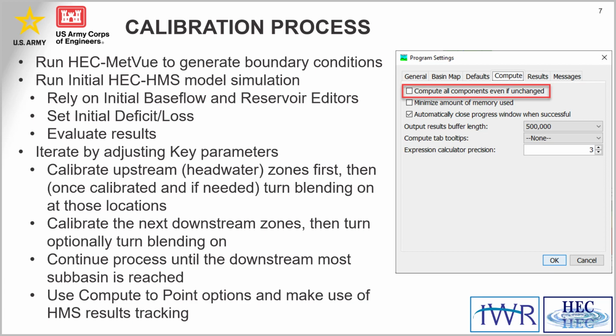And through this whole process, we're hitting compute after we do each change to see how it impacts things and trying to get various parameters in line as much as we can. And so even though we've gone through and made some changes, now we might have to go back and change the initial base flow. So it's a pretty repetitive process. And it might just take several iterations to get through.